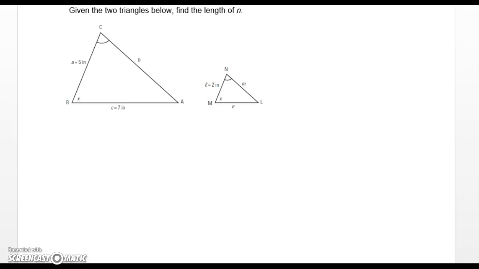So first of all, nowhere in this question is it indicated that these two triangles are even similar. So if they're not similar, then there's no possible way we can find out what the missing length of n is, which is right down here. So step number 1 is actually to figure out if they are similar. And then, assuming that they are, we could use those properties above to actually solve for our missing side.